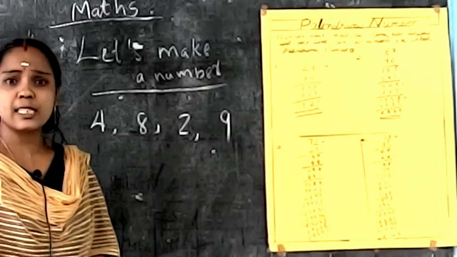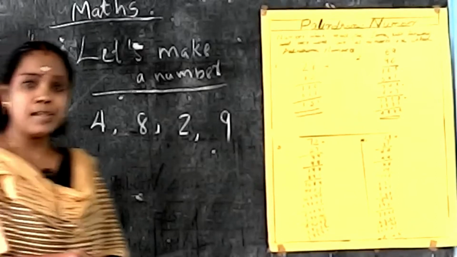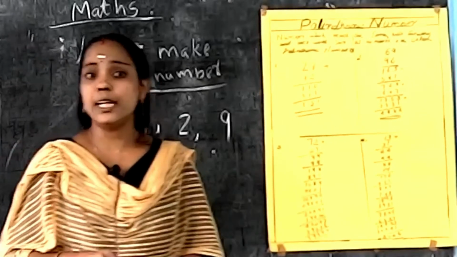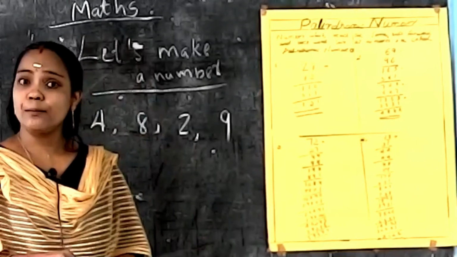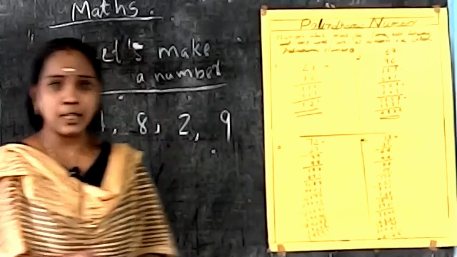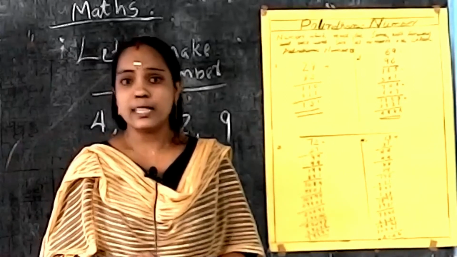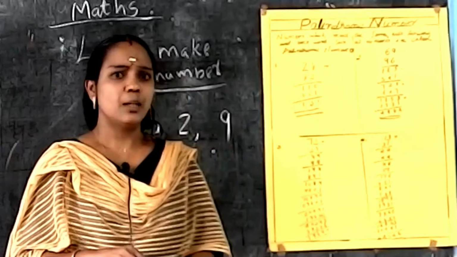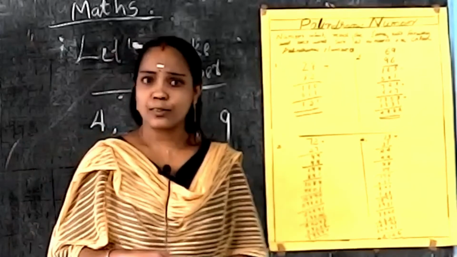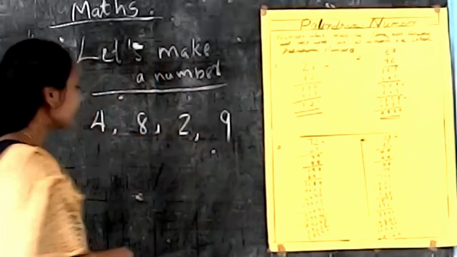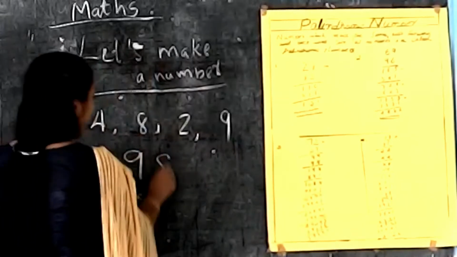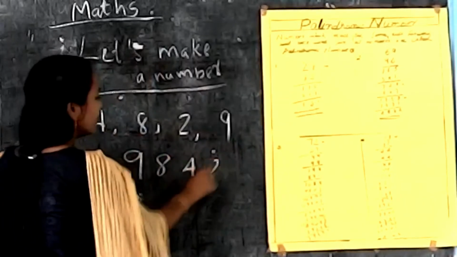In which model are the numbers arranged? Descending order. Okay. Numbers are arranged in descending order. What do you mean by descending order? Big to small. Okay. 9, 8, 4, 2.